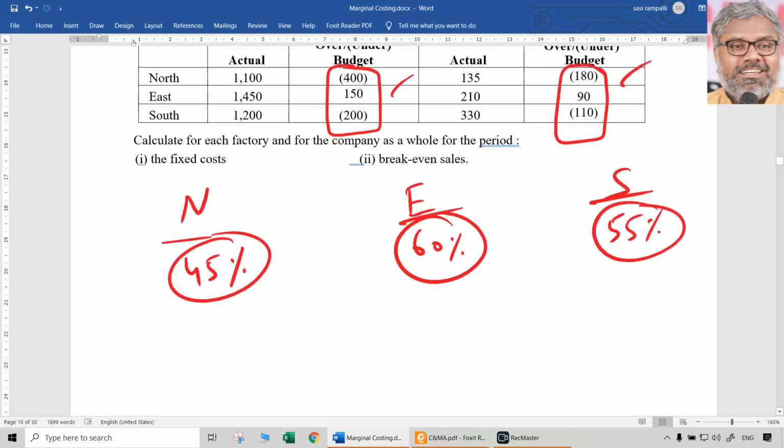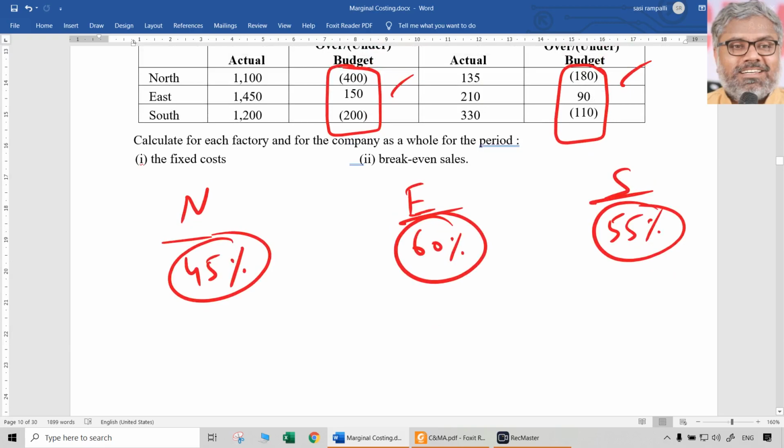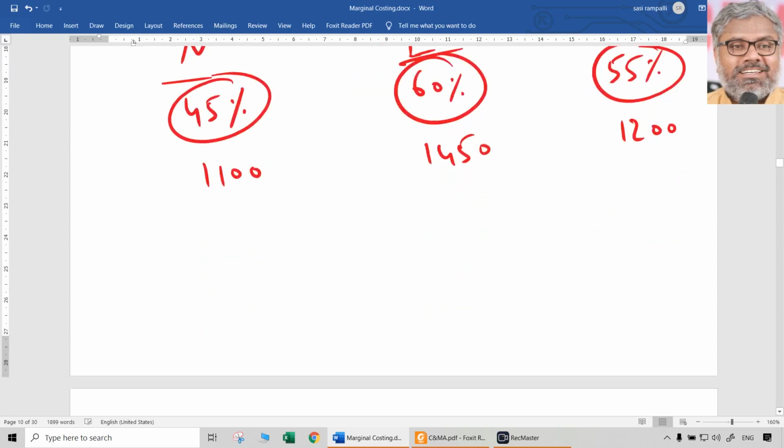See, when you know PV ratios, easily you can find out contribution because you know the actual sales. How much are actual sales? 1100, 1450 and 1200. When you know sales and PV ratio, how much is contribution? Multiply them.